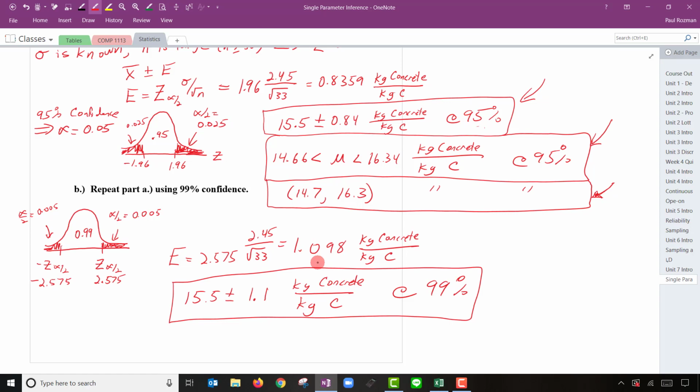So I will then sacrifice some confidence in order to get an interval that's narrow enough to be useful. I'd rather be 95% sure that the mean of your midterm was somewhere between 75 and 80 than be 99.999% sure that your midterm average was somewhere between 0 and 100.